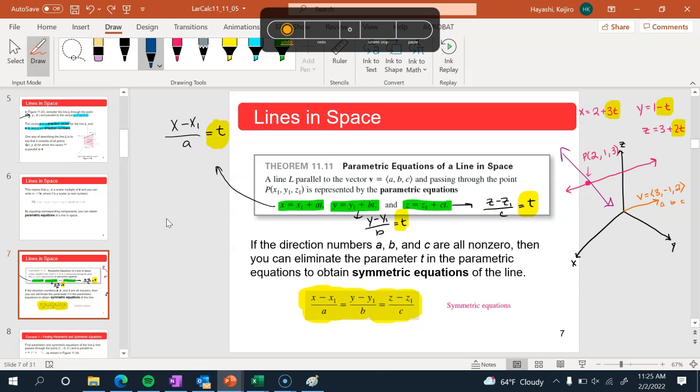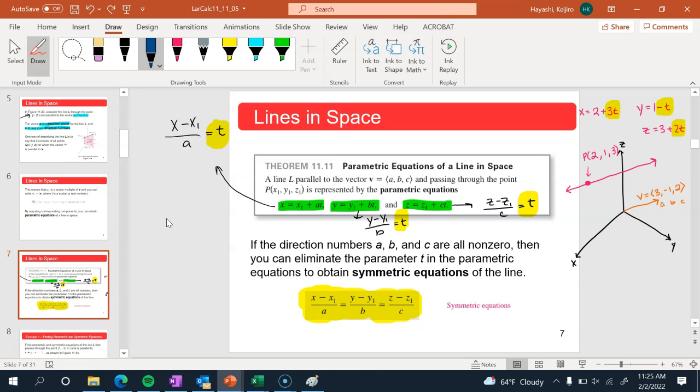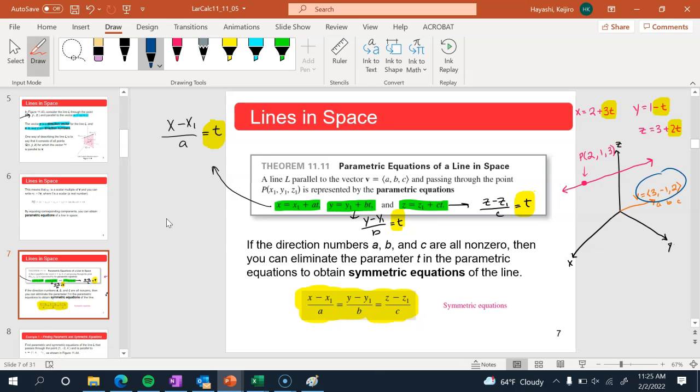So we need some extra information other than just the point. And that information is the direction that the line is moving starting from that point. And that's what A, B, and C are for.